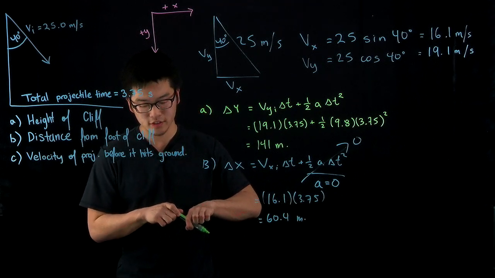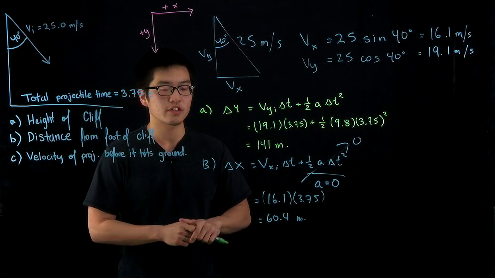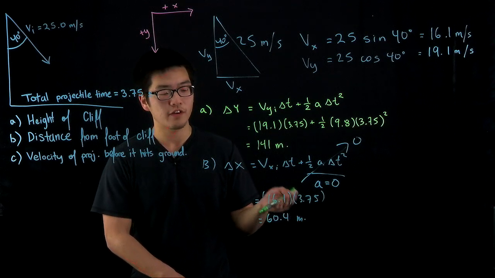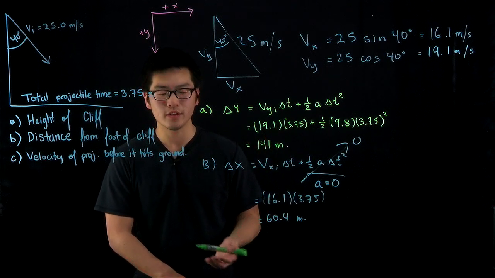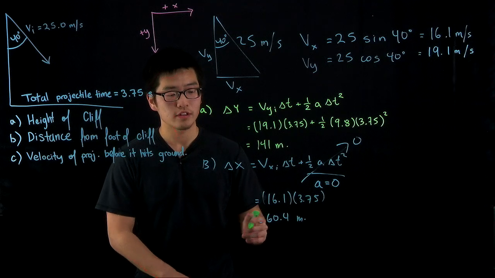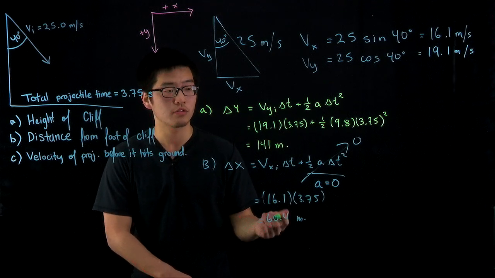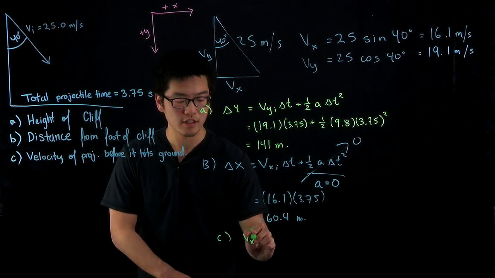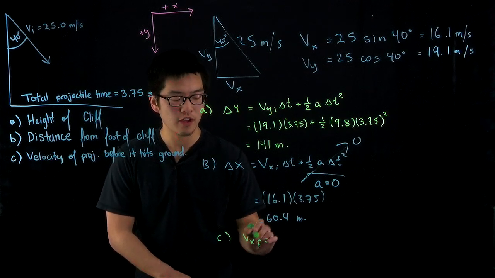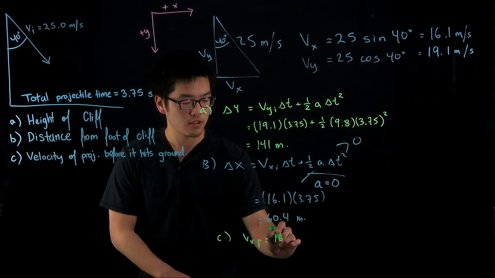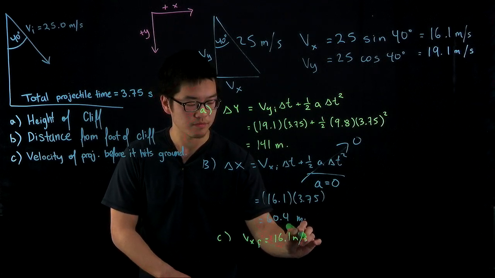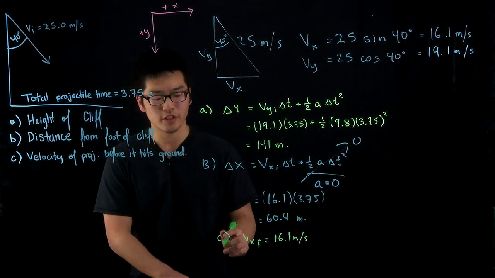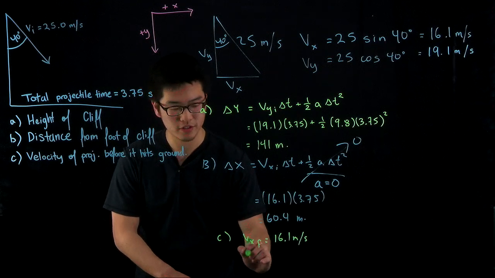For our final case, we had to find the velocity of the projectile before it hits the ground. Since we already established that the acceleration in the x direction is 0, the final velocity in the x direction must also be the same as its initial. So we could write that velocity in the x direction for the final will be equal to 16.1 meters per second. Now, to calculate the final velocity in the y direction, we have to use another kinematic equation.